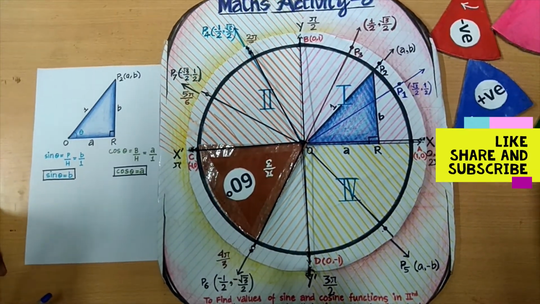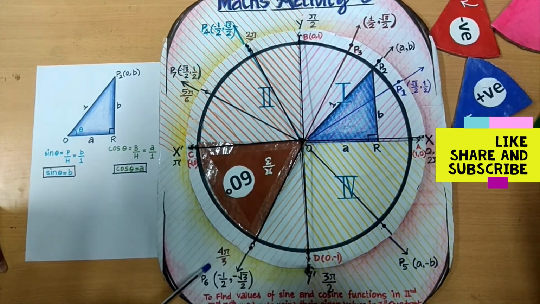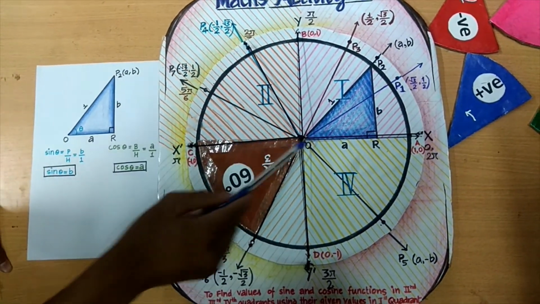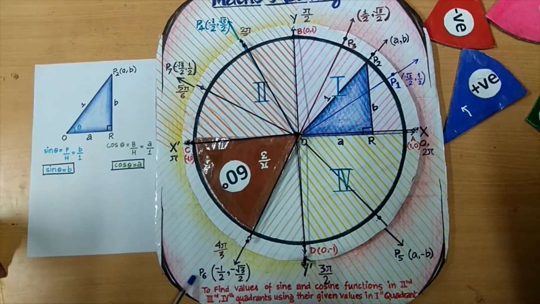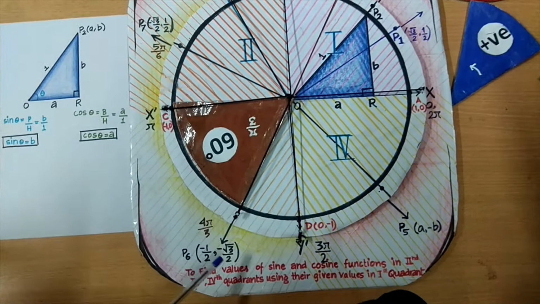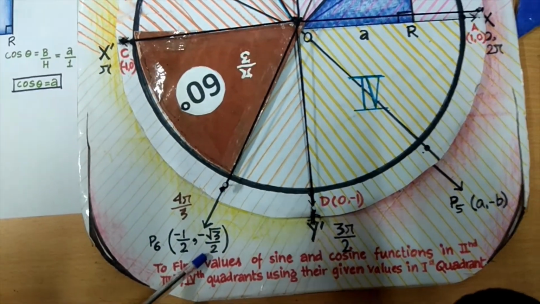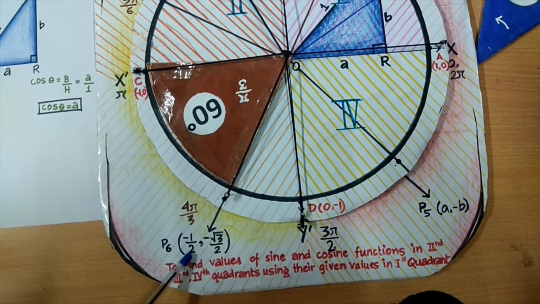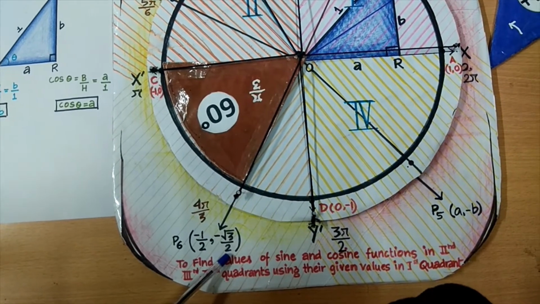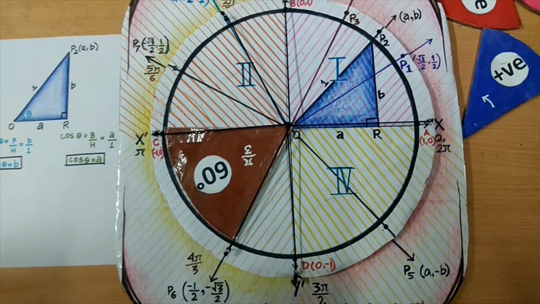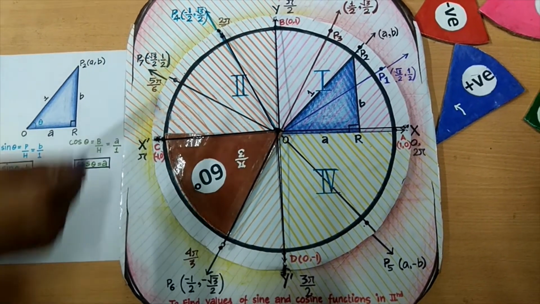We can observe that point P4 and point P6 are the mirror image of each other with respect to x-axis. The coordinate of P6 will be minus 1 by 2 and minus under root 3 by 2, which implies that cos 4 pi by 3 is equal to minus half and sin 4 pi by 3 is equal to minus under root 3 by 2. So we have found out the value of 4 pi by 3 by using the value of 2 pi by 3.